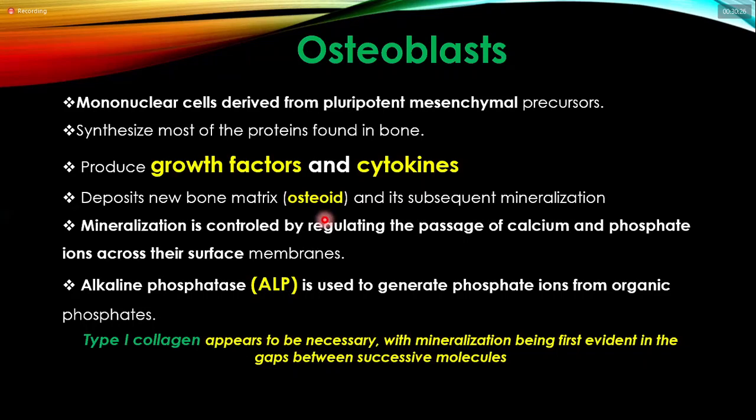Osteoid is the first stage of bone formation, followed by mineralization. Mineralization is deposition of minerals or ions like calcium, phosphate, magnesium, and other minerals, but mainly calcium and phosphate are the major components of the mineralization process, as well as the presence of what's called alkaline phosphatase enzyme in these types of cells.